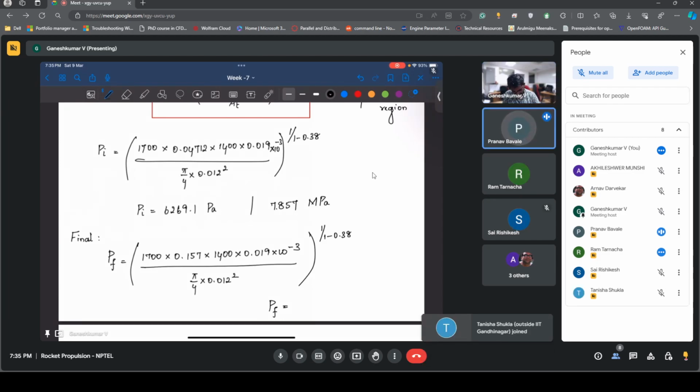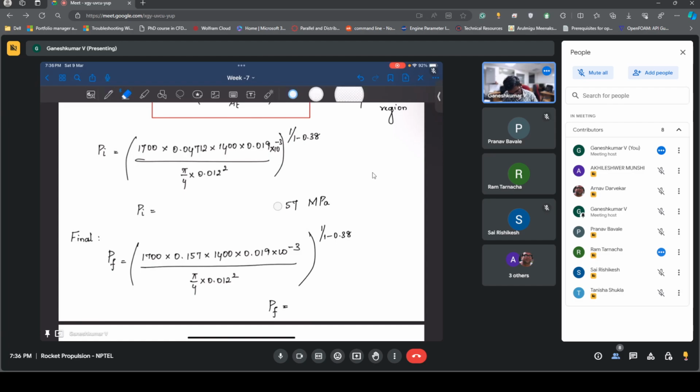7.857 megapascals for P initial. 7.857 megapascal looks very high to me. Okay, 7.857 megapascals. Okay, if that is the case, it's fine.